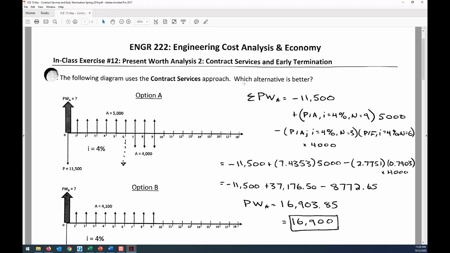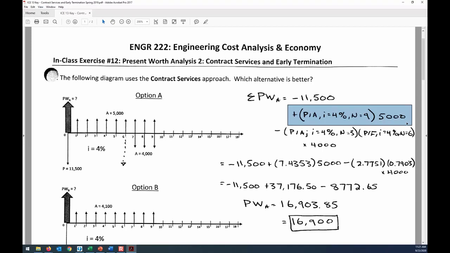All right, so this is saying the present worth at A is the 11,500 that's already at time 0, and it's an outflow, so that's why there's a negative sign there, plus the $5,000 per year revenue. So the revenue side of the cash flow diagram can be taken immediately to the present because it's a continuous annual series every year from 1 through 9.